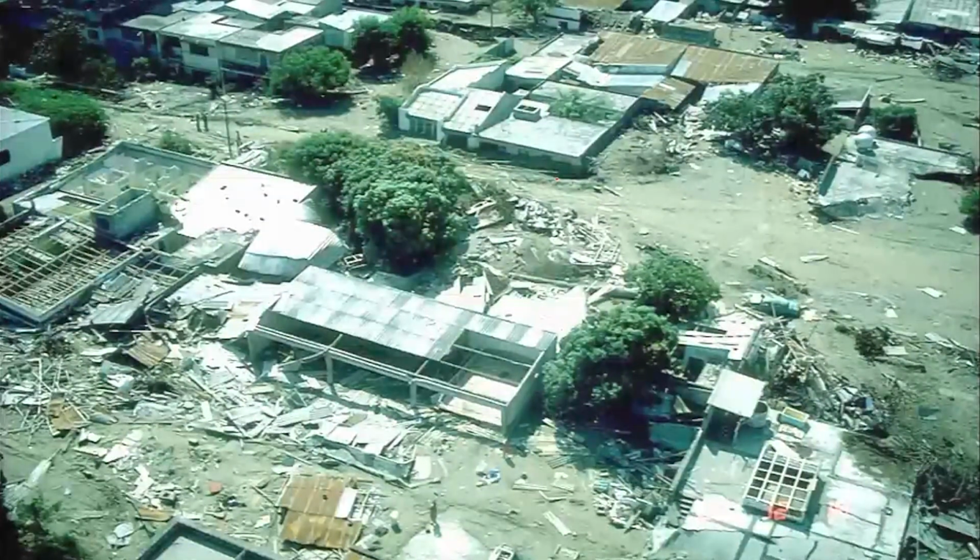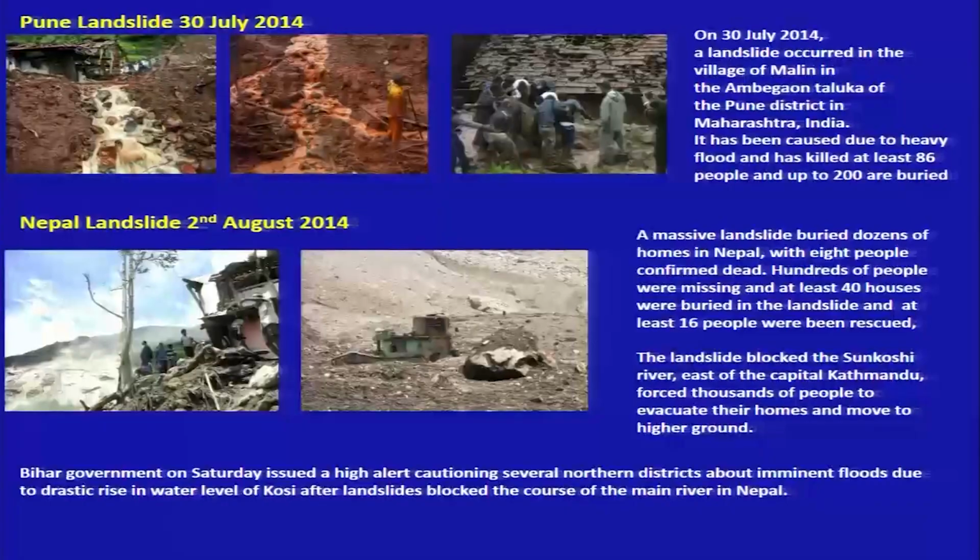So, a lot of coarser material will be transported during a landslide. One example is from here, a huge boulder which was moved, and the material seen here is comparatively finer than this one, but these are all cobbly, bouldery material.